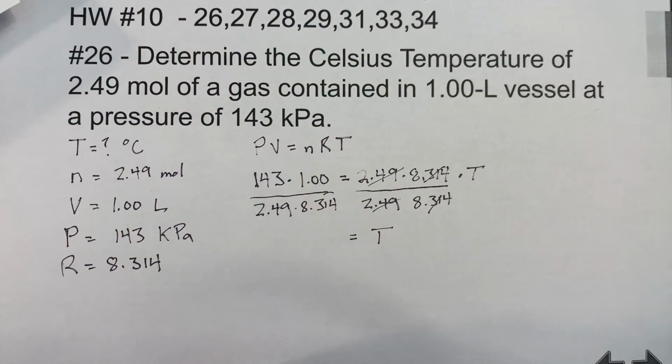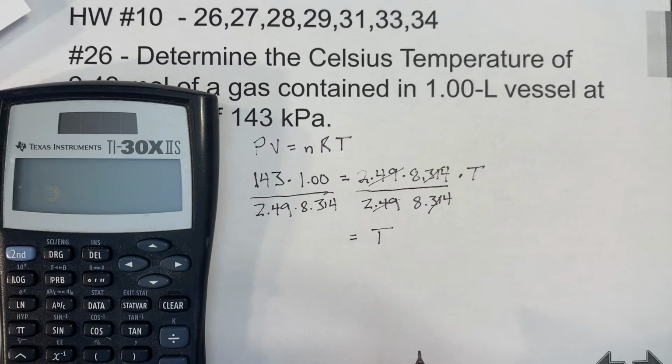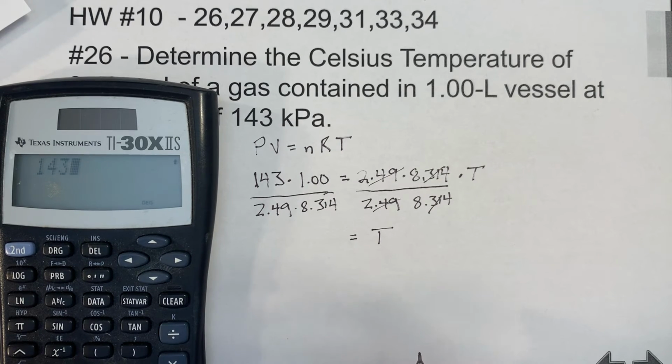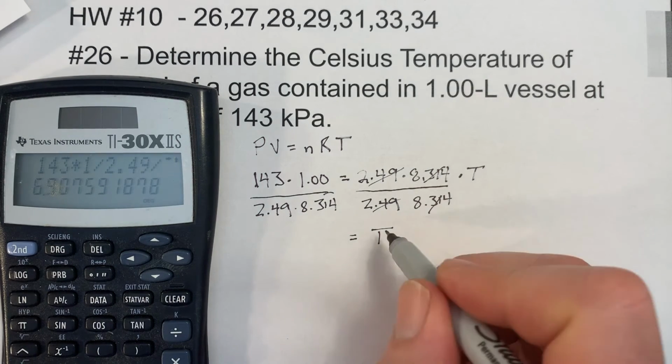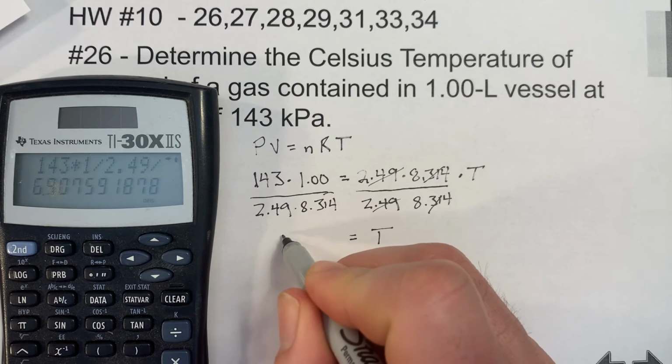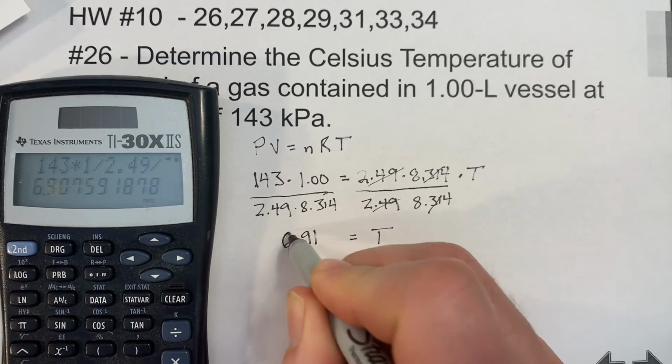Then I'm going to grab my calculator and type this in. This is 143 times 1 divided by 2.49 divided by 8.314, and I get a temperature of, let's call it 6.91 if I round to two decimal places.